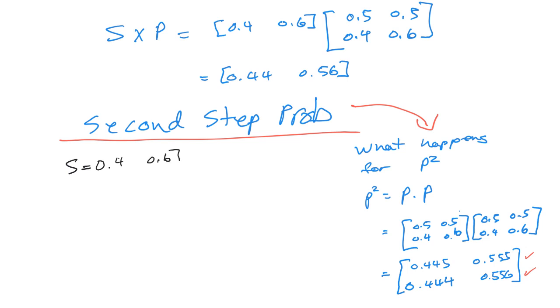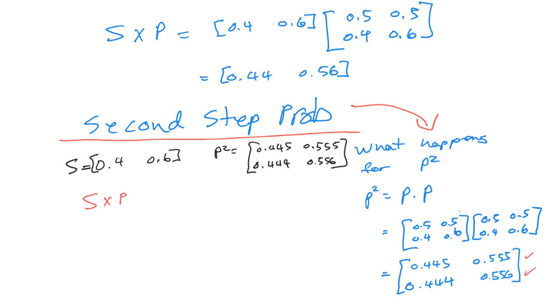So now our initial vector is 0.4. So imagine there's a company that says, hey, I'm successful at selling my cars 40% of the time, right? And then what would happen after the second time of you trying to sell a car? So what we're going to do is we're going to take our P squared and our S, and we're going to multiply them together.